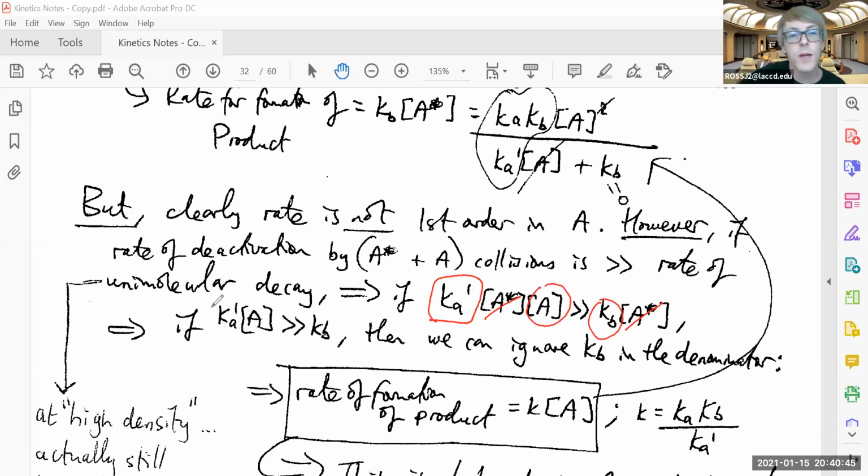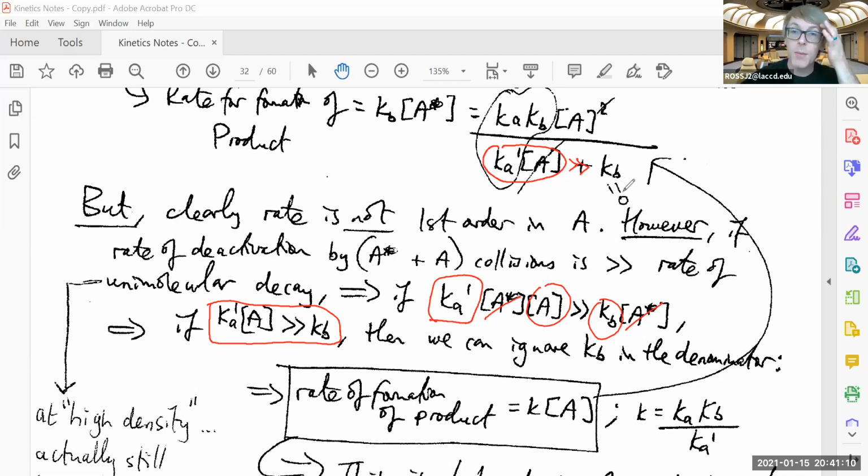So we can assume that Ka prime A is a lot greater than Kb, because we've just gotten rid of a constant from both sides, and the constant was A star. If this is true, look back here, this is now a lot greater than Kb. So under those assumptions, we can assume that Kb equals 0.